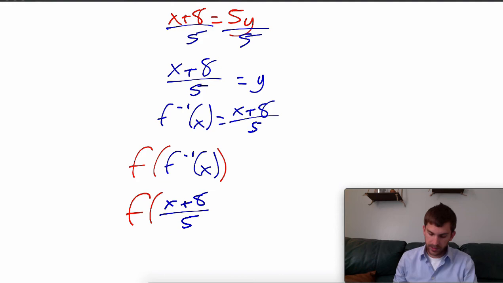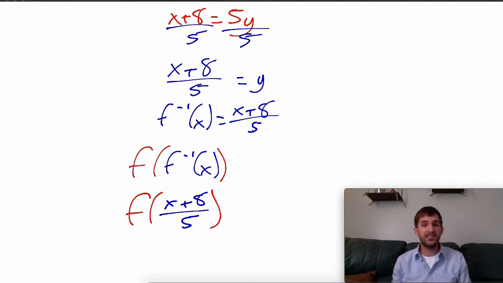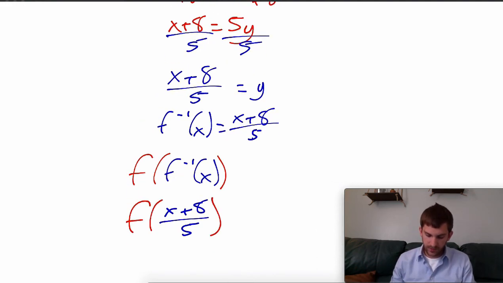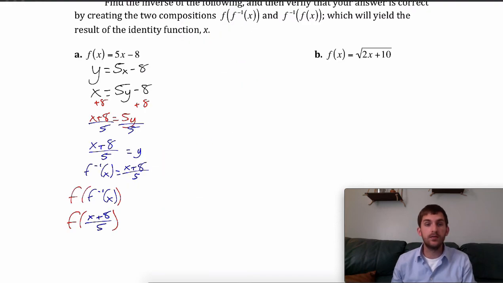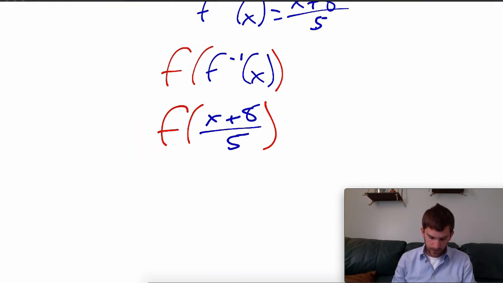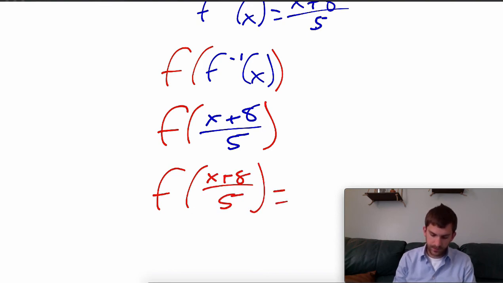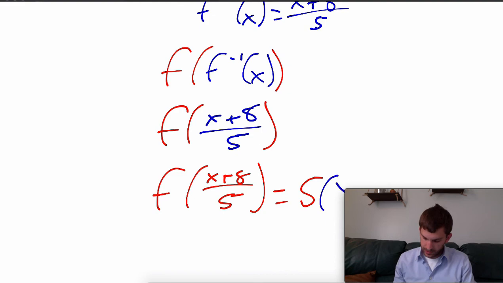So that means we're going to plug in x plus 8 over 5 in for the x in the original function. So the original function was 5x minus 8. So we're going to do f of that x plus 8 over 5 equals 5 times that x plus 8 over 5.